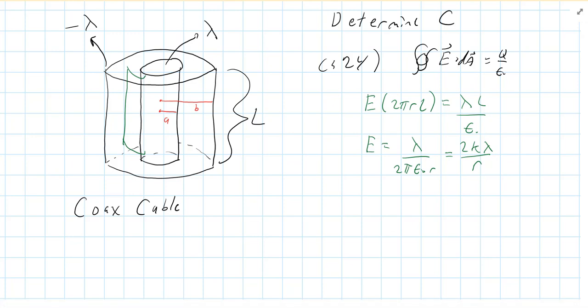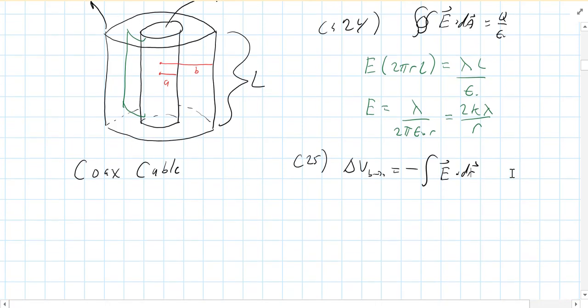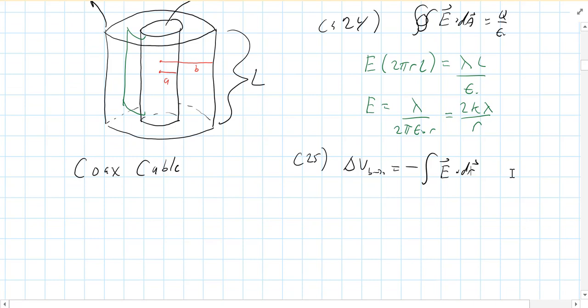And then in chapter 25, we had to figure out change in voltage from B to A, which is negative the integral of E dot dr. Now when we do this, I'm going this quick because this is something we've done before.